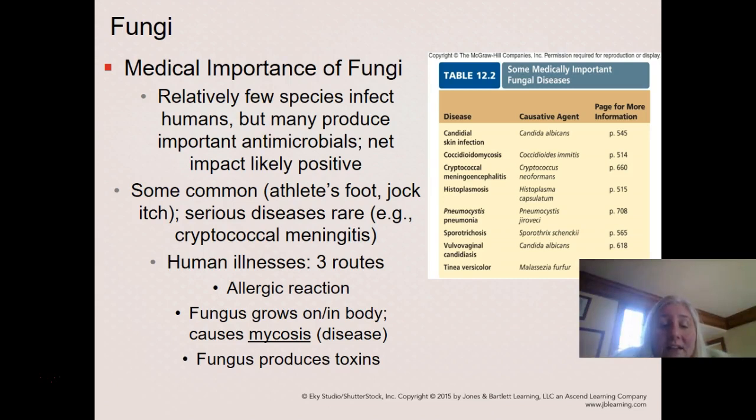And then they can cause problems because of some of the chemicals that they release. So fungal toxins produce a lot of nervous system problems as well as digestive problems. So think about Claviceps purpurea. This fungus actually caused people to hallucinate. They had severe abdominal pains.